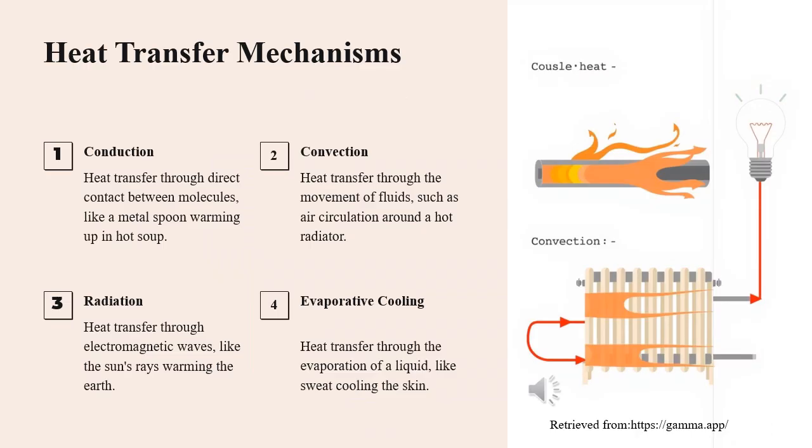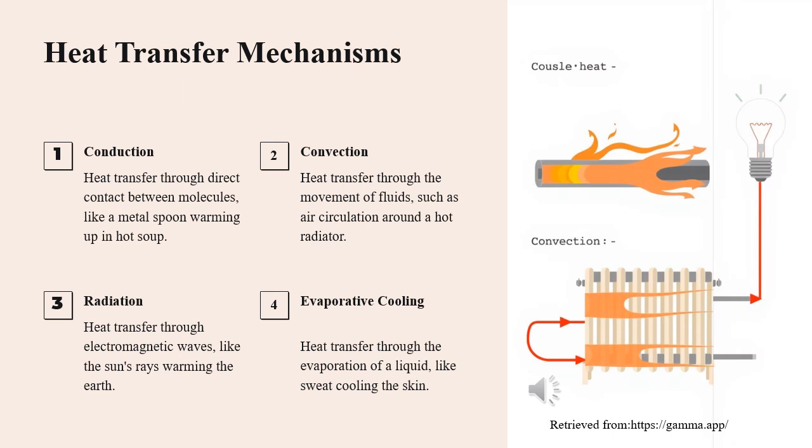Okay, so we will focus on the fundamental mechanisms of heat transfer. These mechanisms, conduction, convection, and radiation, explain how heat energy moves from one place to another. Each plays a unique role in both natural phenomena and engineered systems.